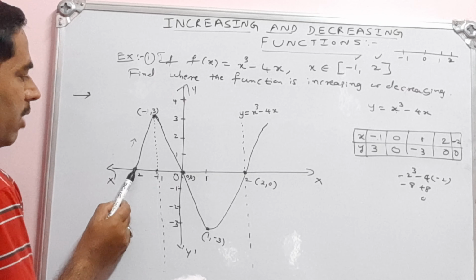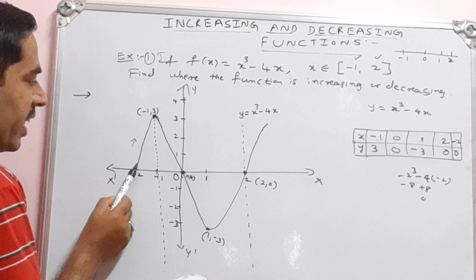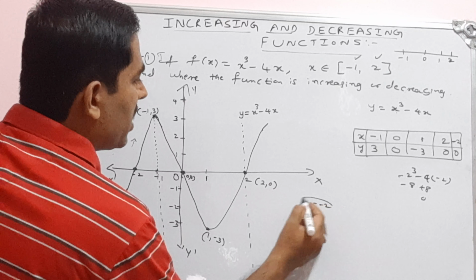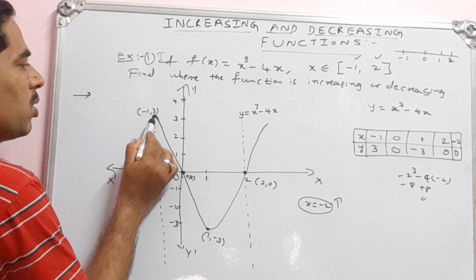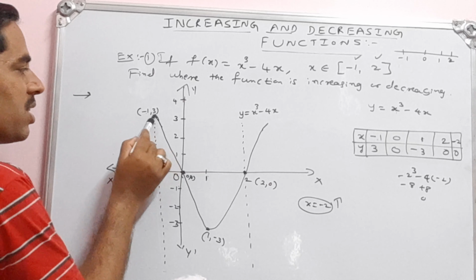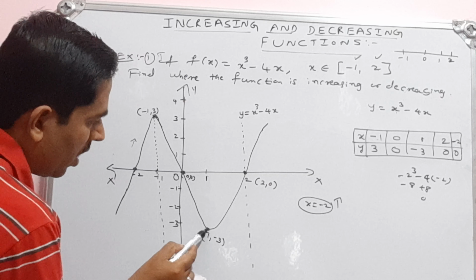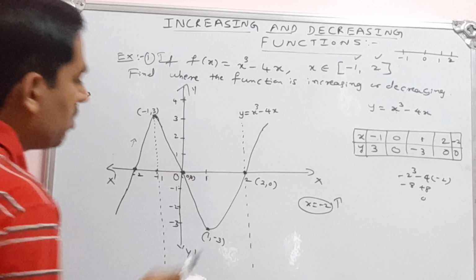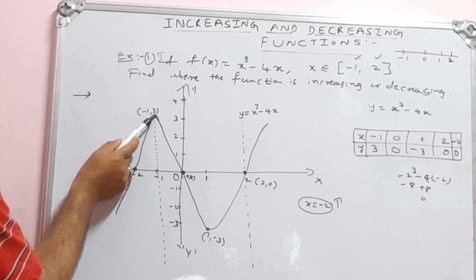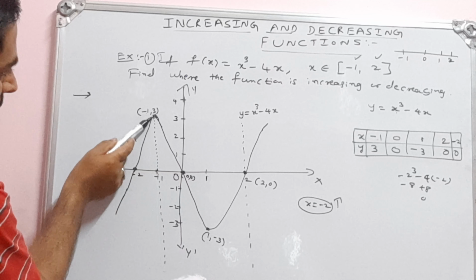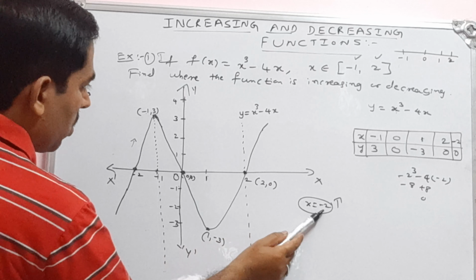Still, if I consider this point, it increases from x is equal to minus 2 up to this point, x is equal to minus 1. Then as it reaches x is equal to minus 1, what happens?